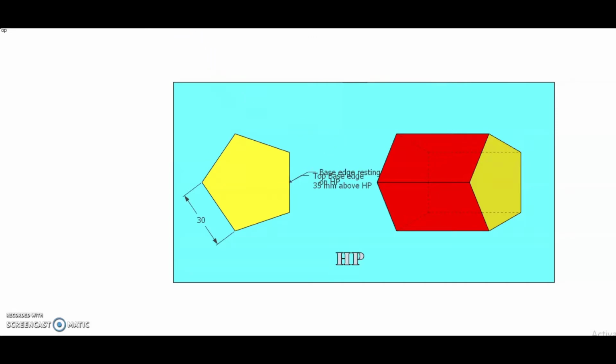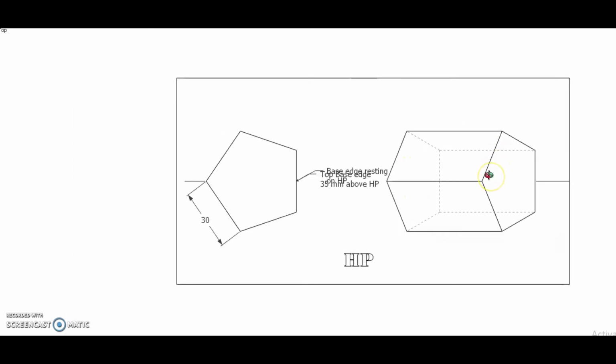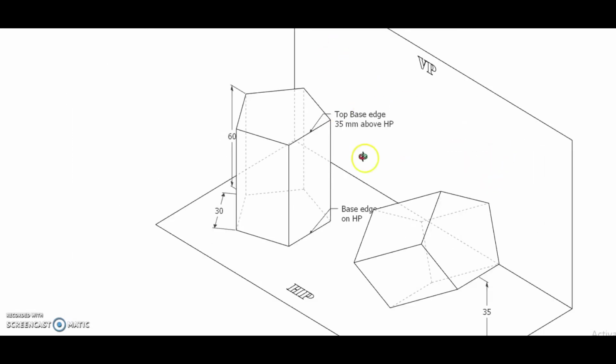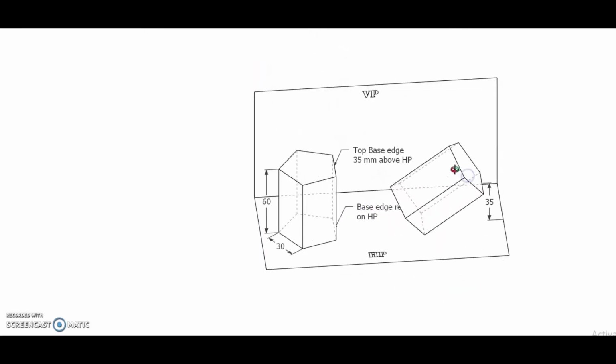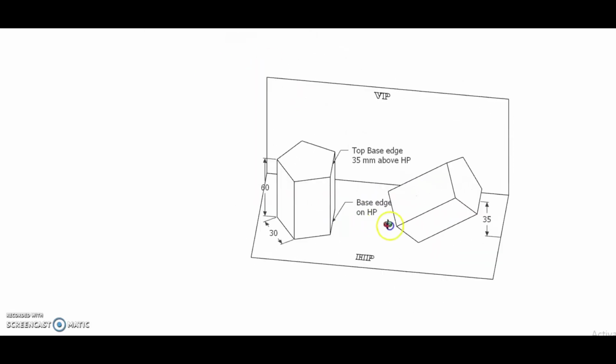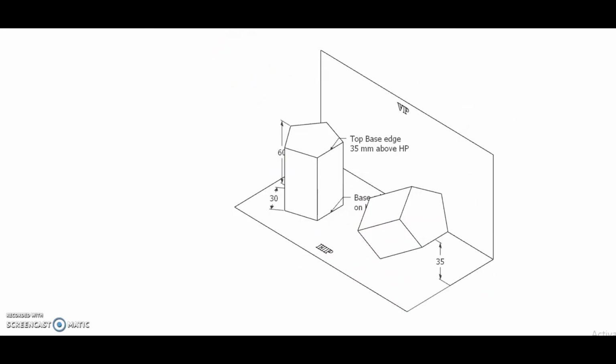So we have to show them by dotted line. So in top view, these are the hidden edges which we have to show by dotted line. So this is our final solution.